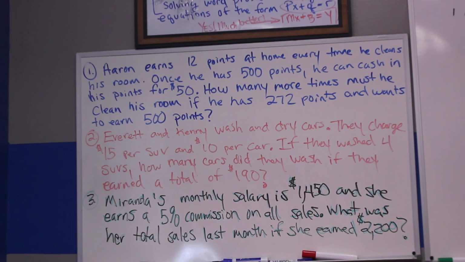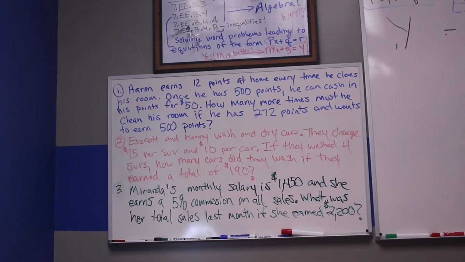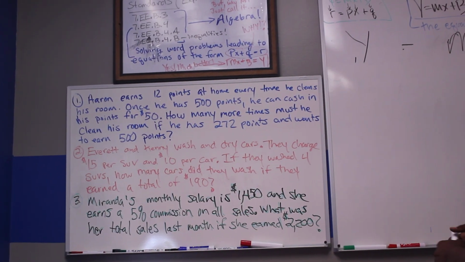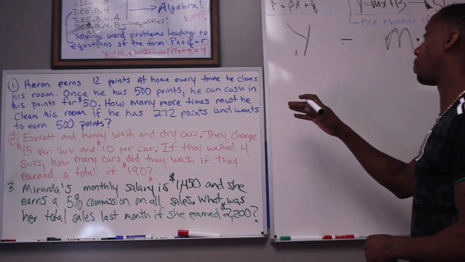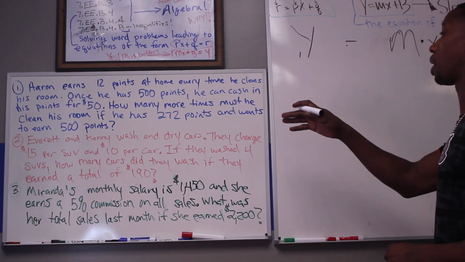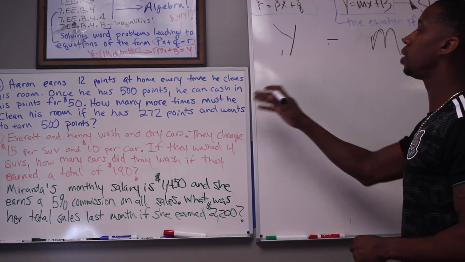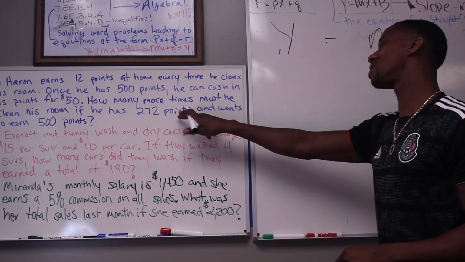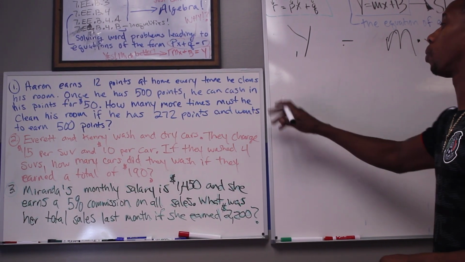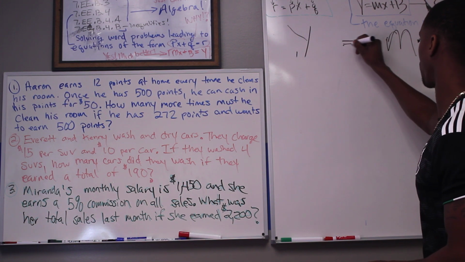So, moving right along, Aaron earns 12 points at home every time he cleans his room. Once he has 500 points, he can cash in his points for $50. How many more times must he clean his room if he has 272 points and wants to earn 500?